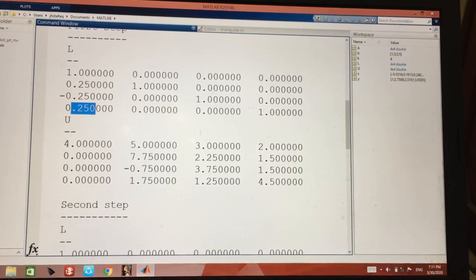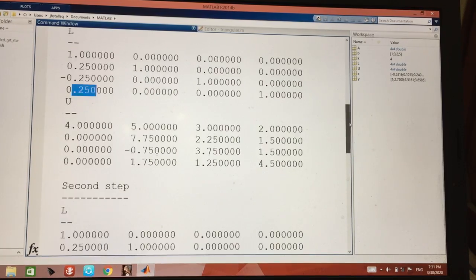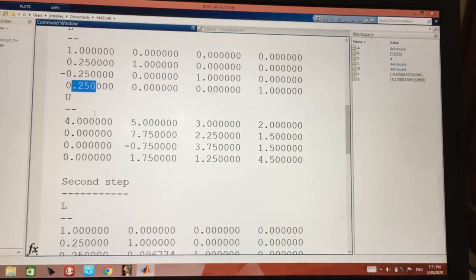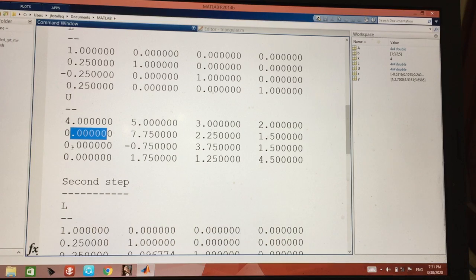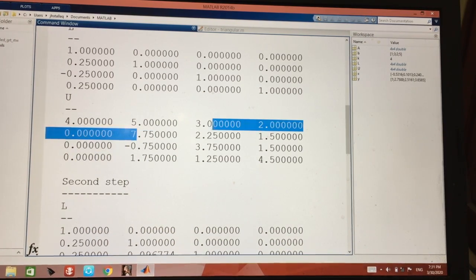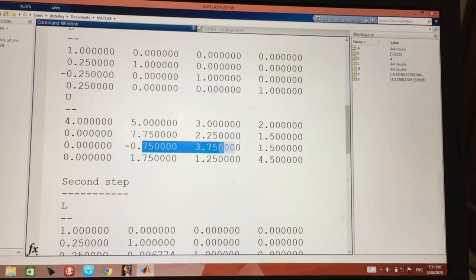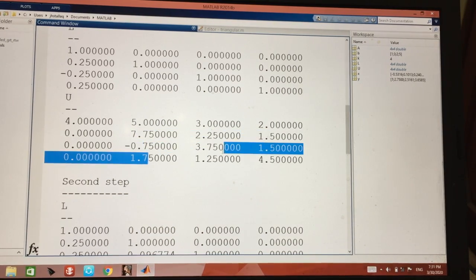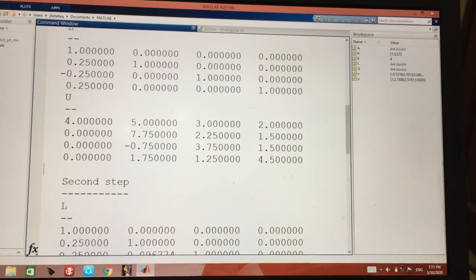In the upper, we eliminate the first 3 elements in column 1 to 0, and we modify these rows here. All done in the program, it's easy, you can follow. Thus, we finished the first step.